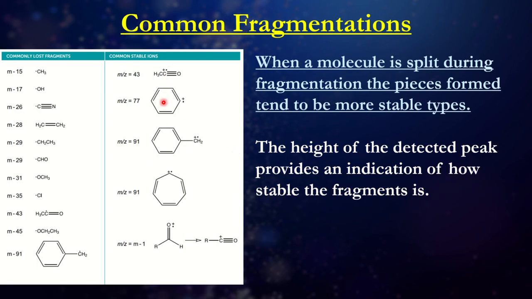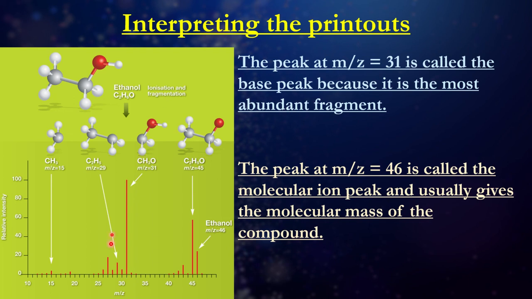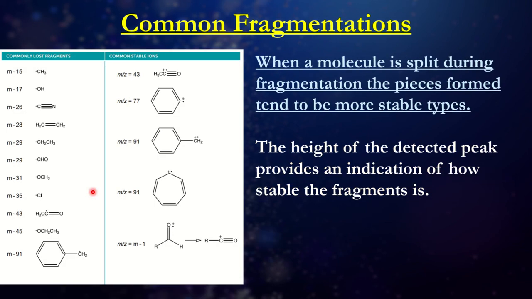Now obviously no one expects you to remember or know for a fact what each specific line will tell you or what each specific fragment could be in terms of the structure. We actually know some really common fragmentations, so these are all the values that you can find. We know that M15 represents a methyl ion group.